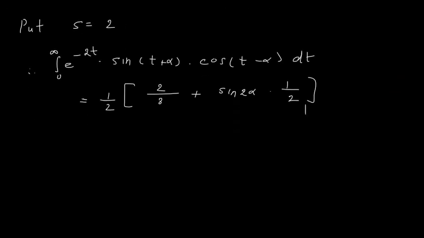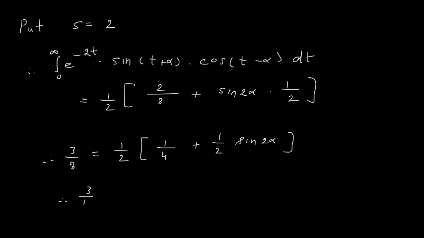So therefore I have 3 by 8 equals 1 by 2, in bracket, 1 divided by 4 plus 1 divided by 2 sin 2 alpha. This 1 by 2 I will move to this side. So I have 3 divided by 4 equals 1 divided by 4 plus 1 divided by 2 sin 2 alpha.